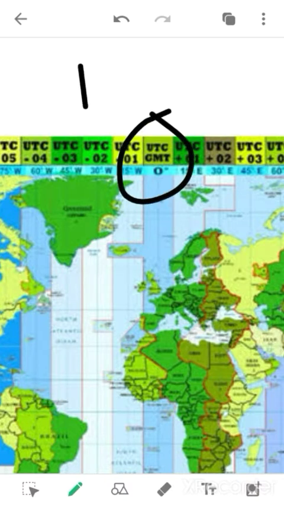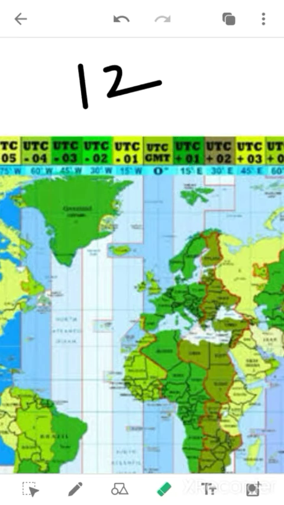For example, if it is 12 noon at the Greenwich meridian, or GMT is 12 noon, then the first time zone, from 0 degree prime meridian or Greenwich meridian to 15 degree east longitude, is an hour later.